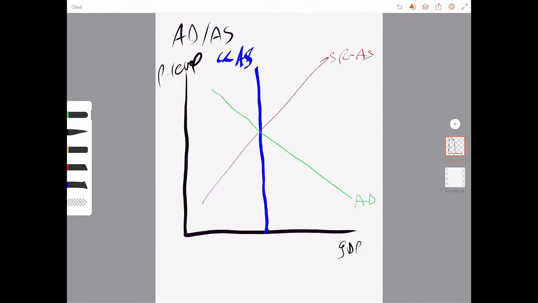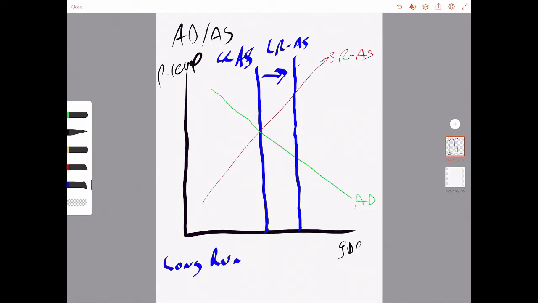So aggregate demand isn't really a concern in this particular graph. What we're focusing our attention on is what happens when the long run aggregate supply curve shifts. So it's the long run aggregate supply curve that shows us a change in economic growth.